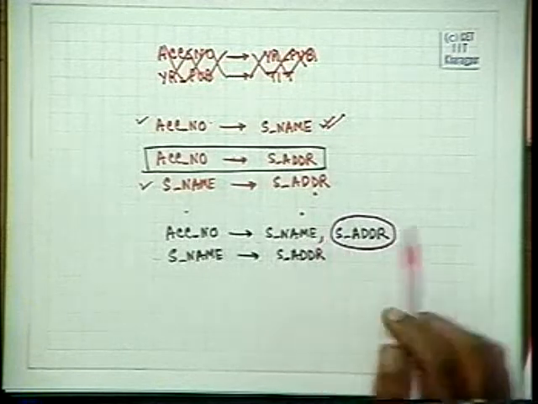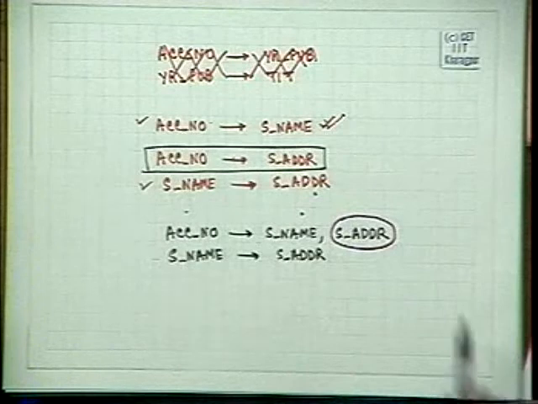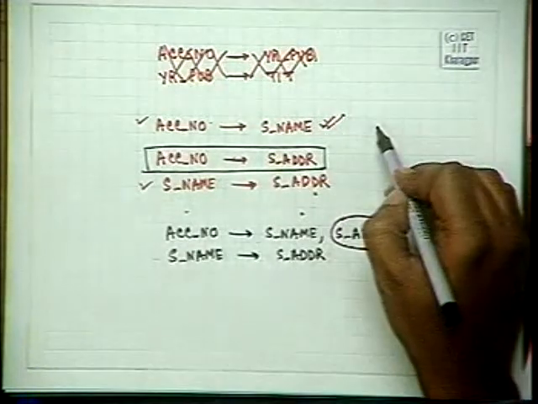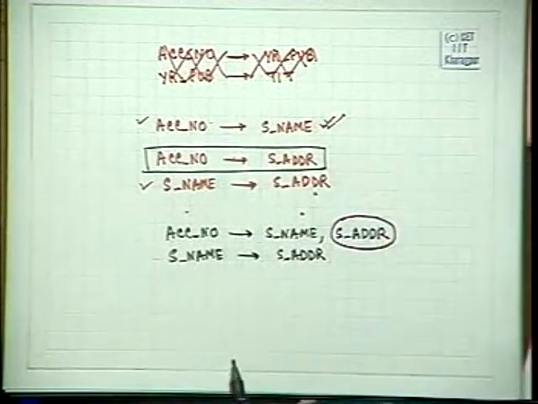Now, to understand the concept of detection of redundancy, we have to understand how a set of functional dependencies logically implies another functional dependency.